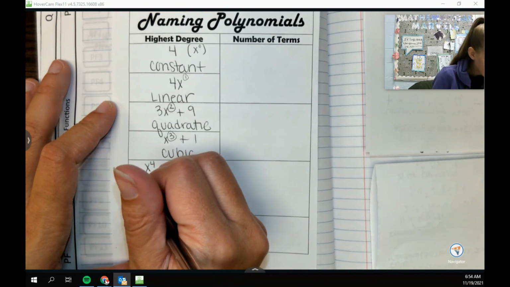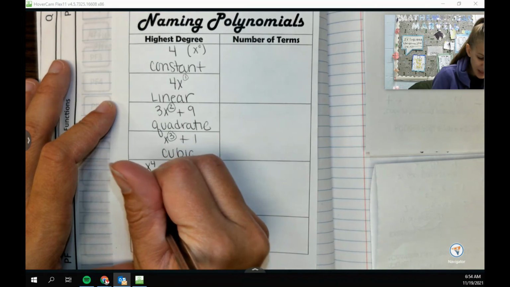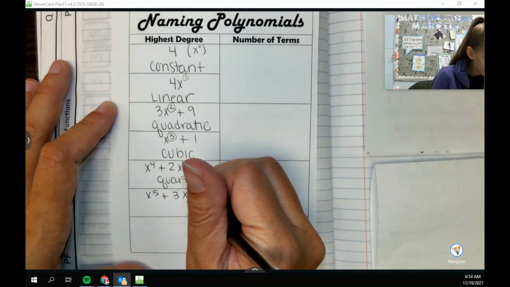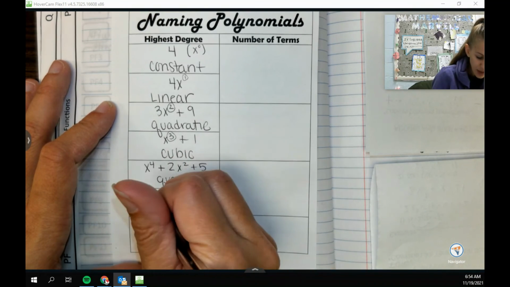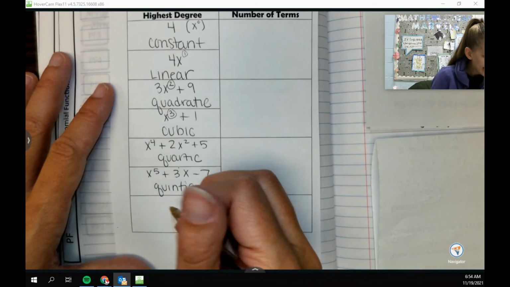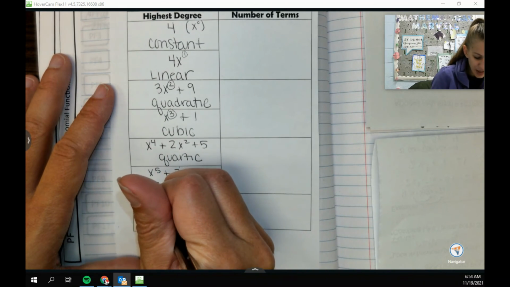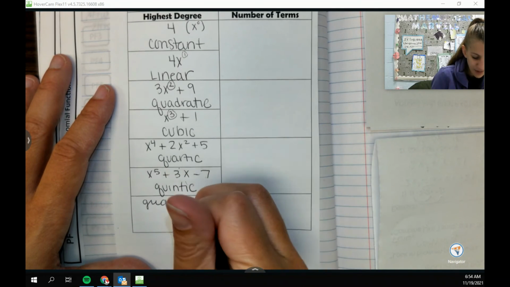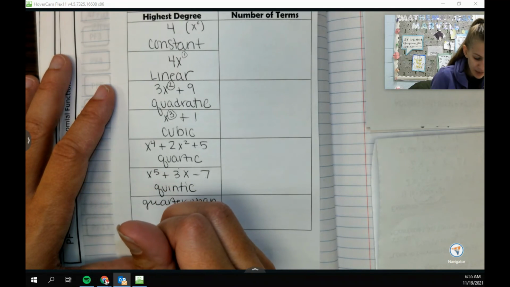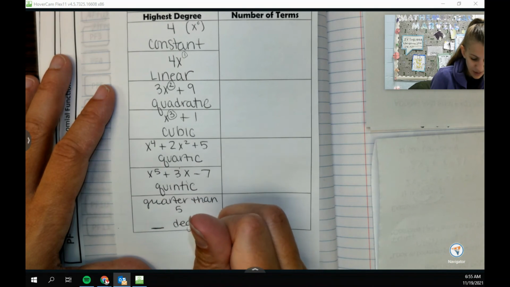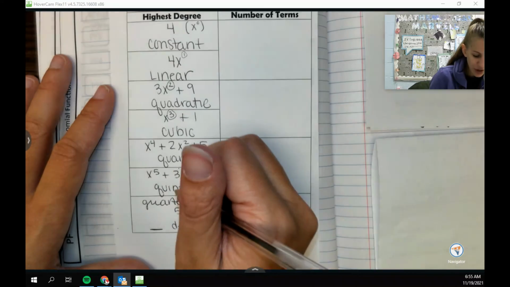Oh, no. And then if I have something to the fifth power, like losing my noggin, we are quintic. And then if I have anything greater than 5, you just call it a blank degree polynomial or whatever. So if you're greater than 5.